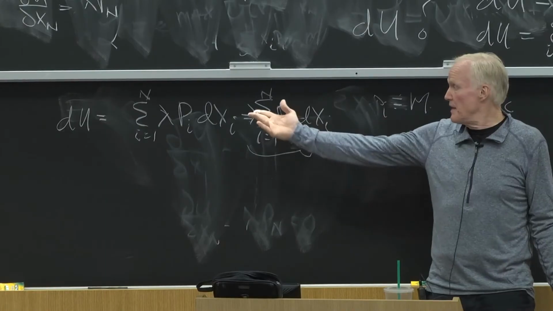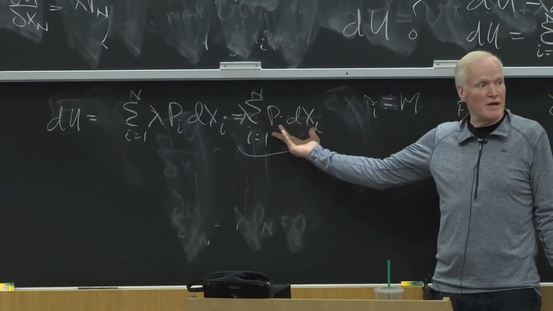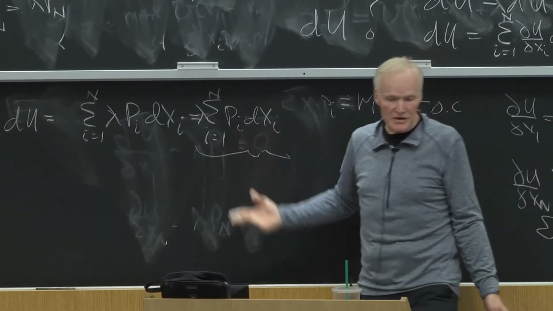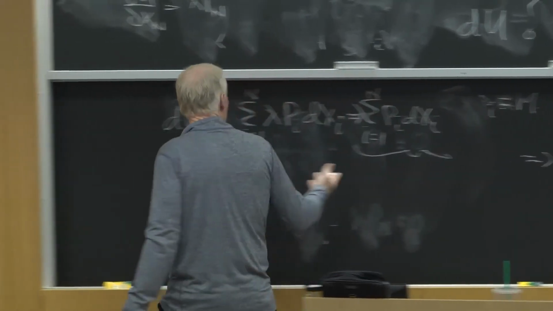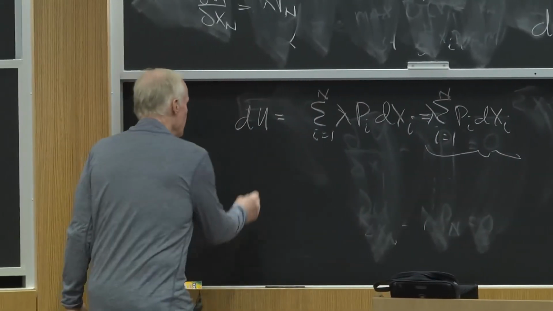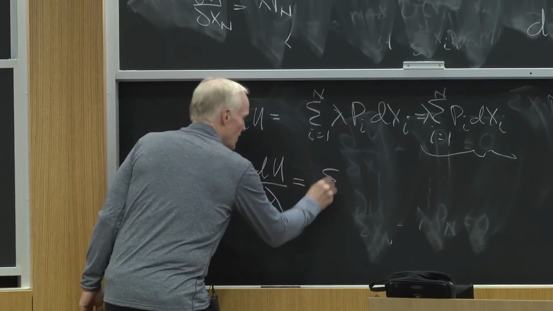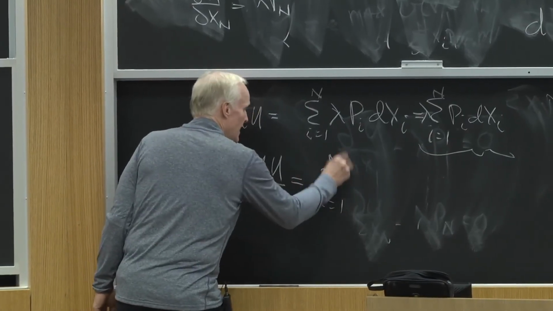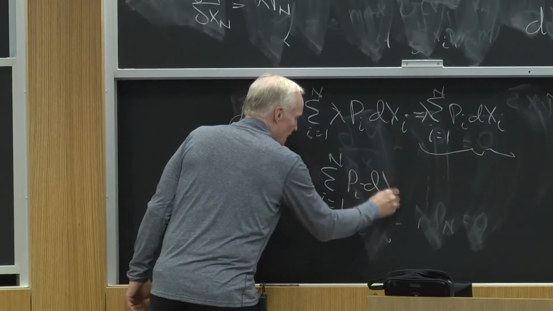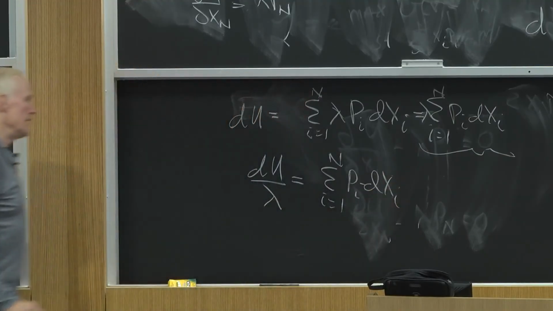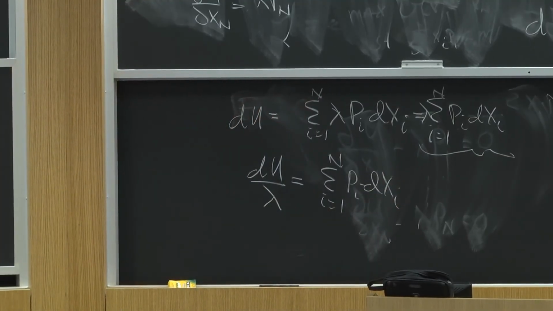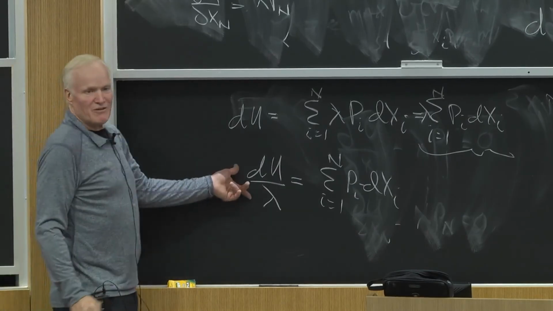I can ask, is he better or worse off just by looking at this equation? This equation is going to tell me, but it's not only going to tell me whether he's better or worse off, it's going to say du over lambda equals the sum from i equals 1 to n of pi dxi. Well, what is du over lambda?